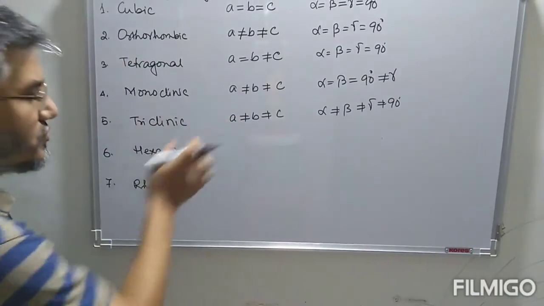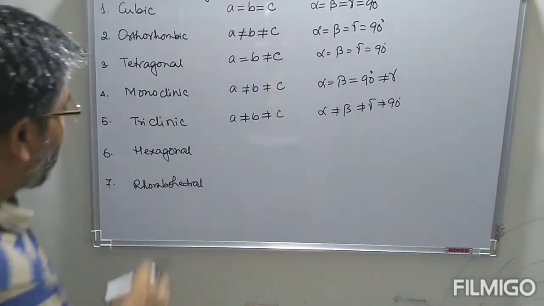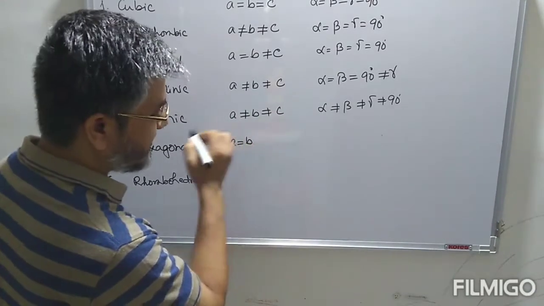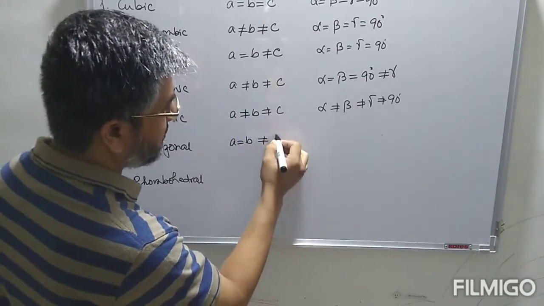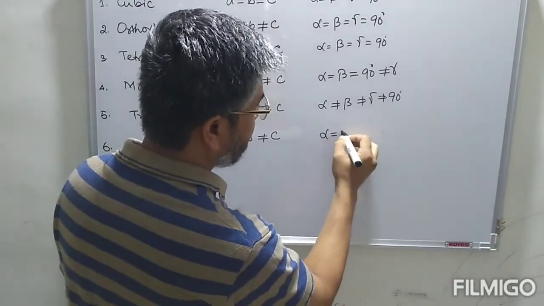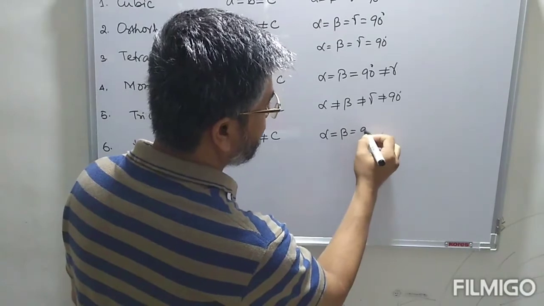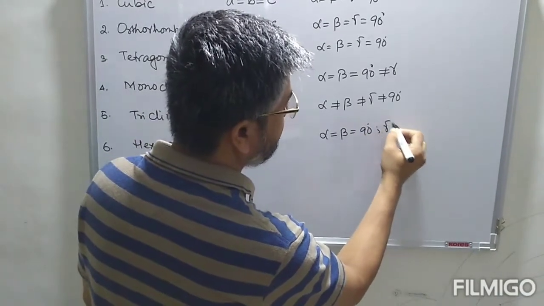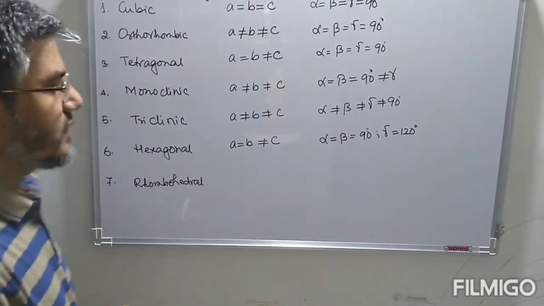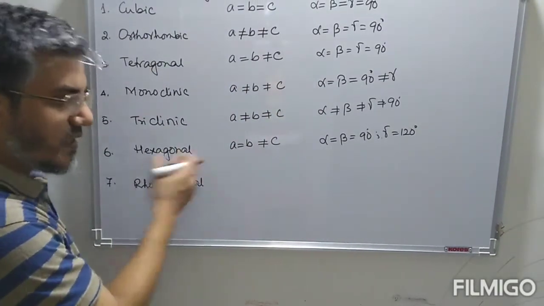Then we have hexagonal. In hexagonal, two edges are the same but not the third one, and two angles alpha, beta equal 90 degrees but the third angle gamma equals 120 degrees.